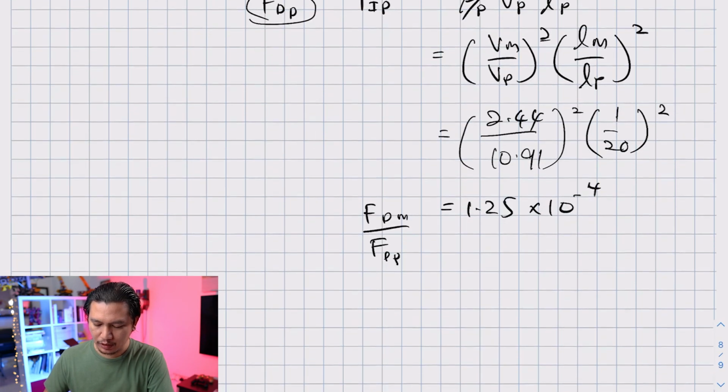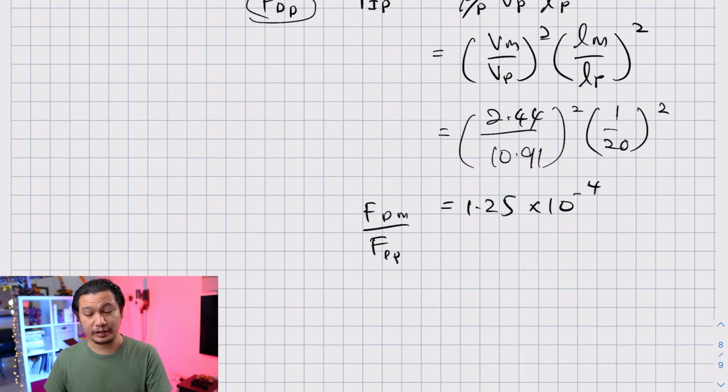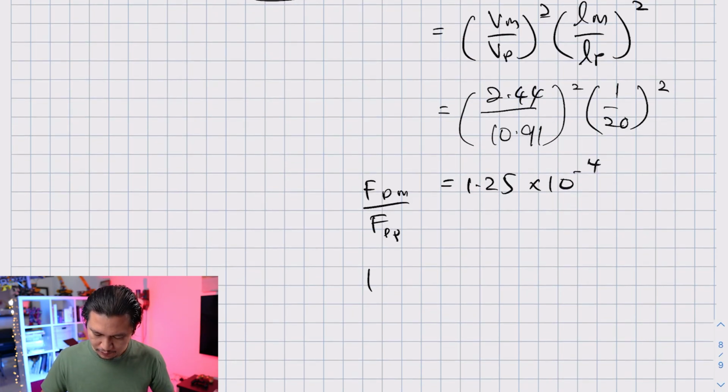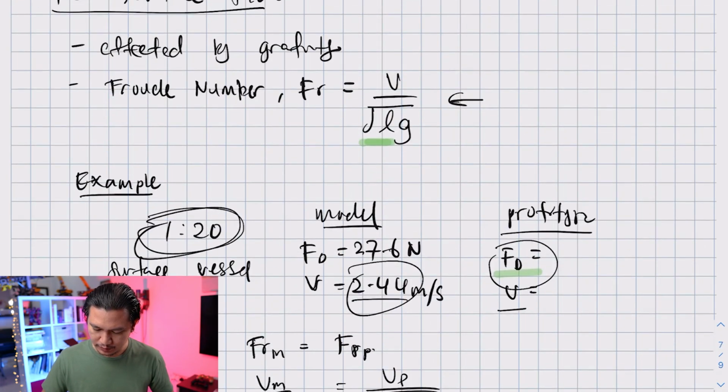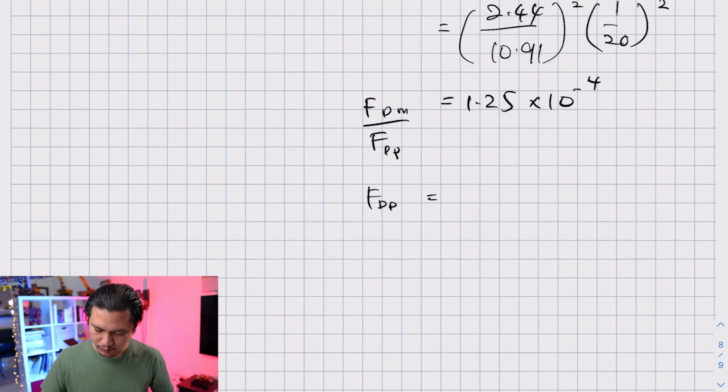And remember, we are looking for the drag force of the prototype. And I expect that the drag force for the prototype is going to be very big. So Fd of the prototype is equal to Fd of the model. What is Fd of the model? This is the force of the model, 27.6. 27.6 divided by 1.25 times 10 to the power of minus 4.